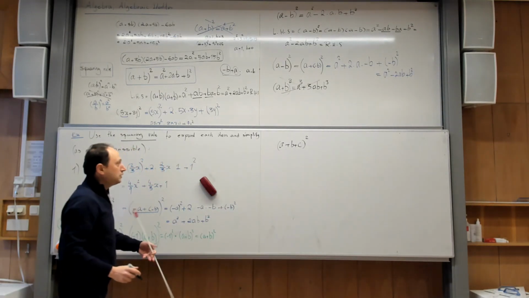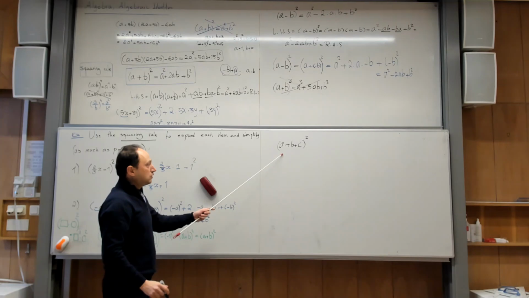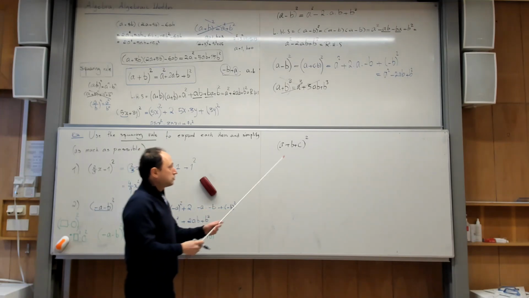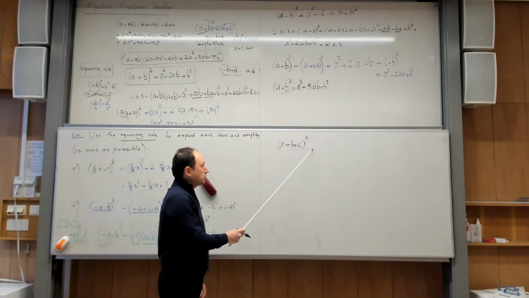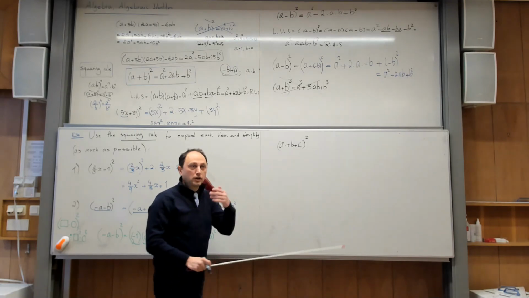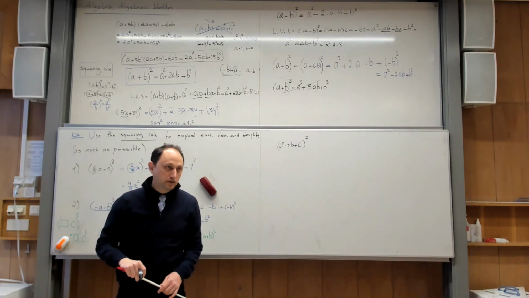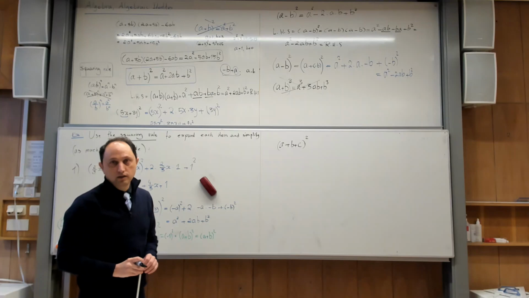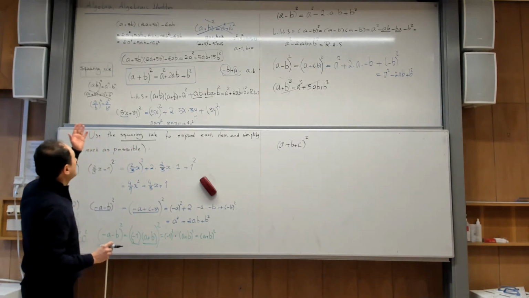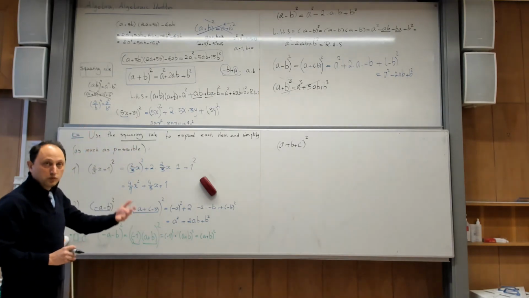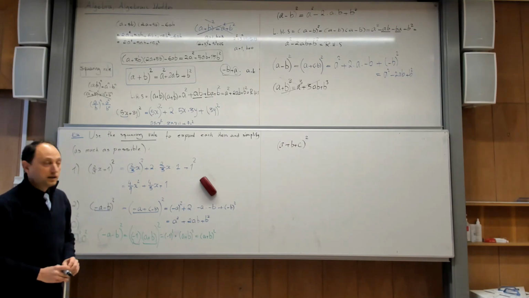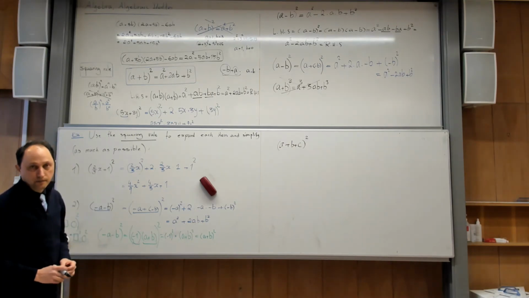Of course, one way that you can always use is to write this once more next to itself and multiply it, and after that simplify it. That is always working, but the whole point of the algebraic identities is to try to avoid this way as much as we can.